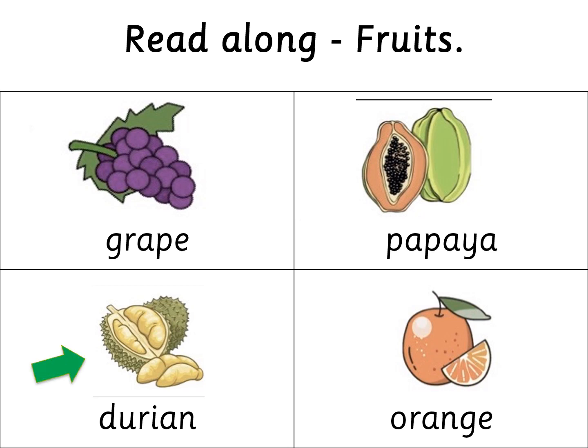The next fruit is durian, D-U-R-I-A-N, durian. The next one is orange, O-R-A-N-G-E, orange.